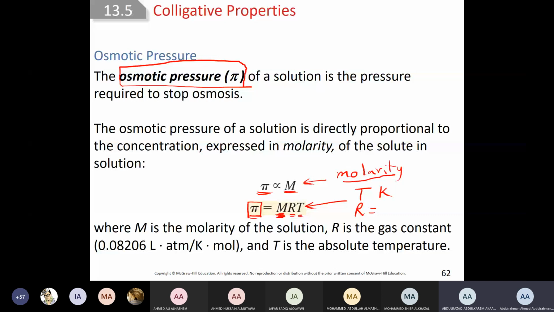Gas constant. Which gas constant? Not 8.31. You don't have to memorize this, but the one with liters, because we are going to talk about molarity: 0.0821 liter atmosphere divided by mole Kelvin. As I said, this is available in the periodic table, but it's better to even memorize this number.